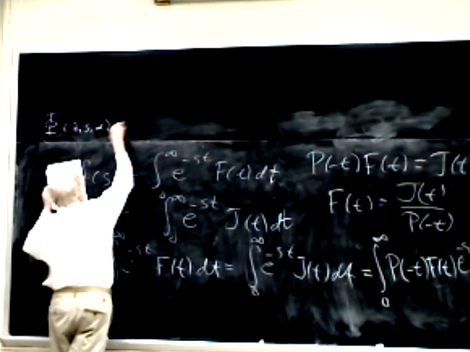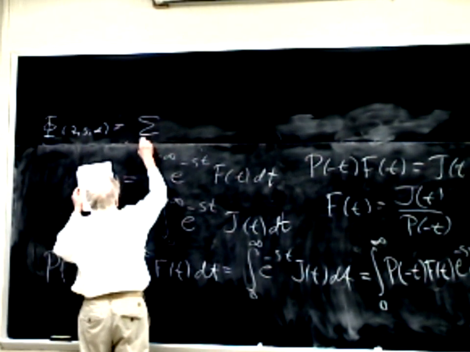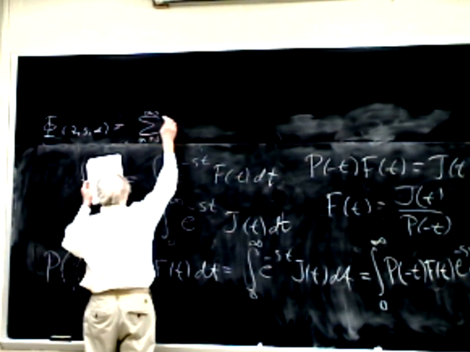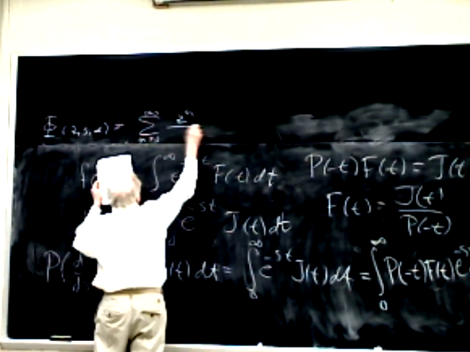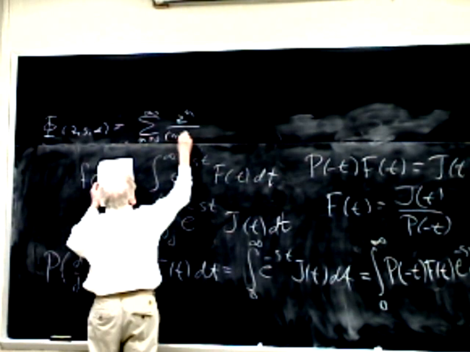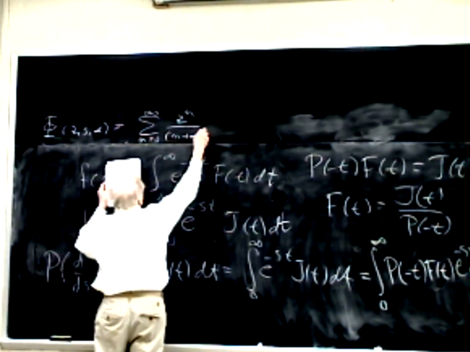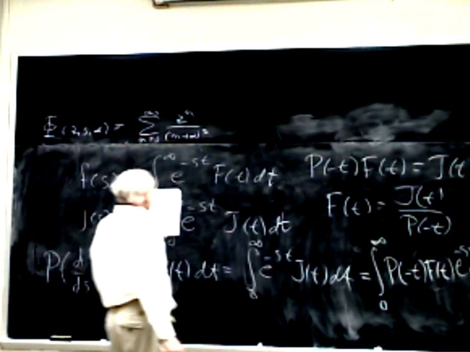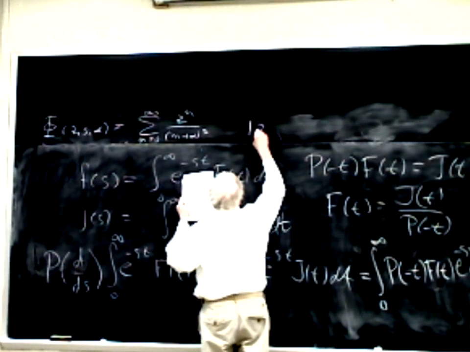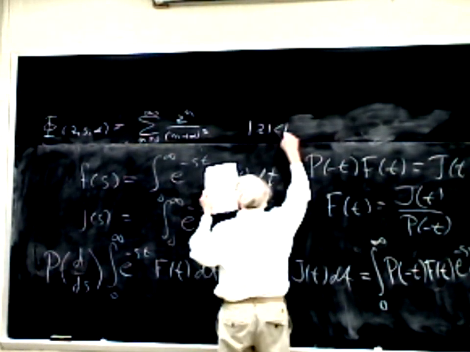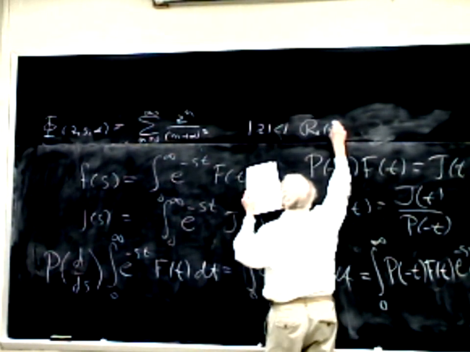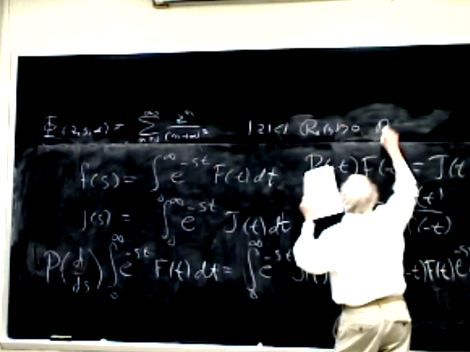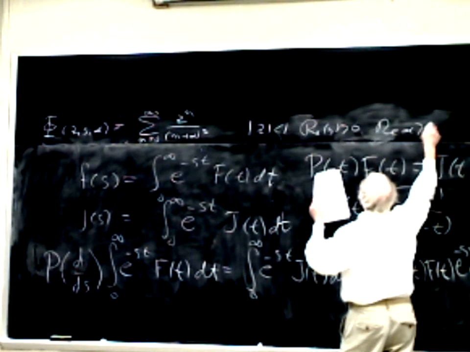As an example, the series sum n equals 0 to infinity z to the n over (n plus alpha) to the s. This, it turns out, converges for absolute value of z less than 1, real part of s greater than 0, and real part of alpha greater than 0.